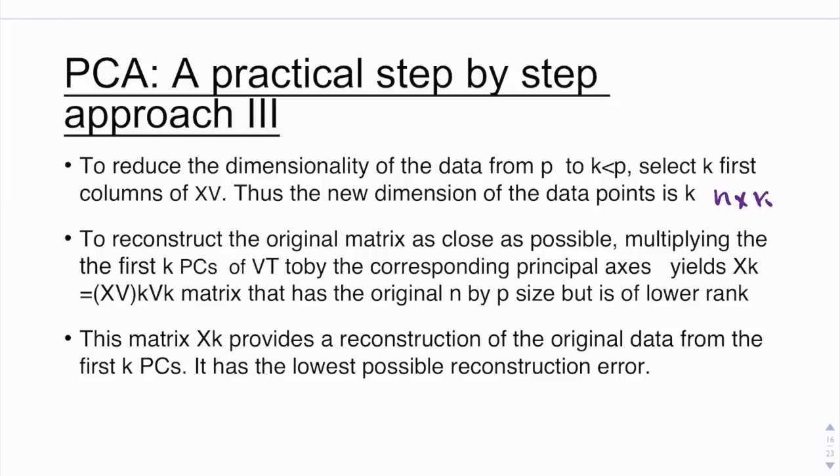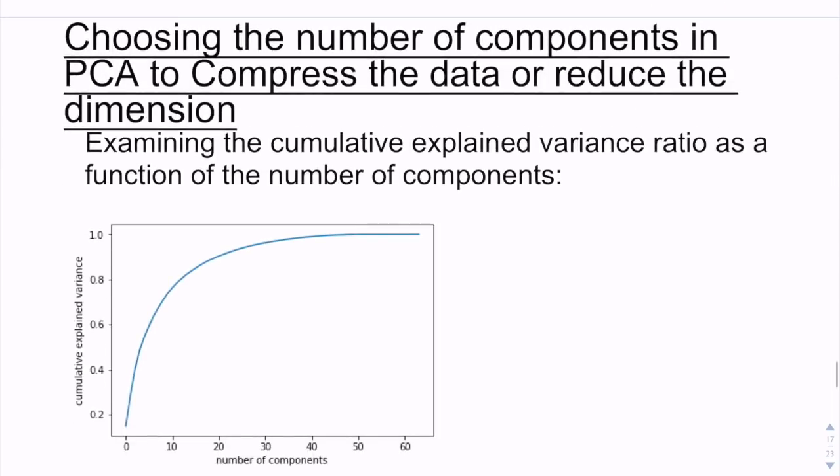You basically multiply the k principal components back to the transformed matrix, and then we create the original matrix. This is how we reconstruct the image. This image has the same dimension, n by p, but in a lower rank space.